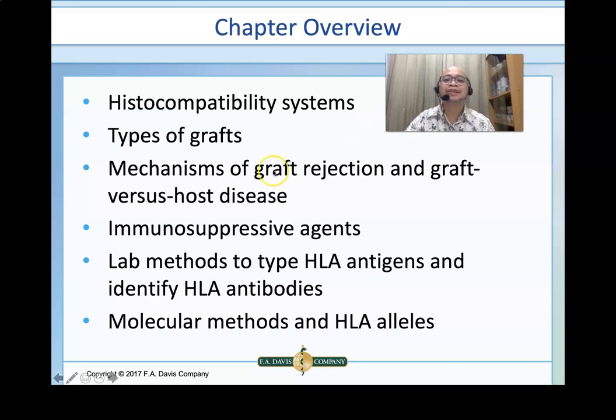The mechanisms of graft rejection and graft-versus-host disease, and some people who have received transplanted organs may be asked to take immunosuppressive agents. What are the different laboratory methods to type HLA antigens and eventually identify HLA antibodies? And what are the different molecular methods for determining HLA alleles?